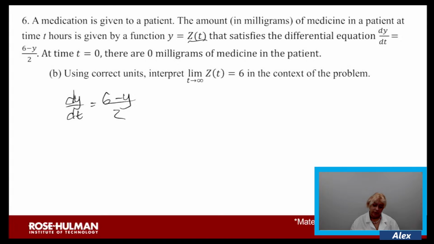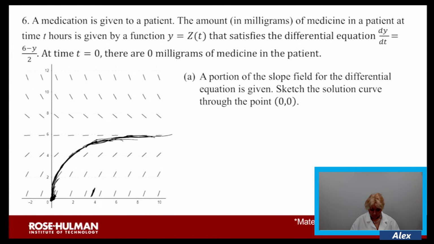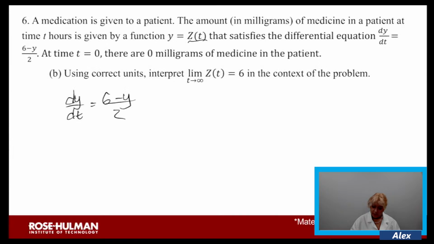Even though we don't have an equation for what z of t is, we're supposed to assume, based on this slope field, that no matter what that equation is, it is going to follow these trends, and that it is going to flatten out, that dy over dt is going to flatten out at 6.